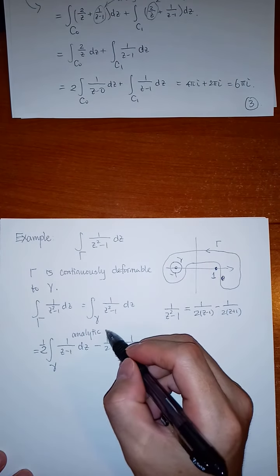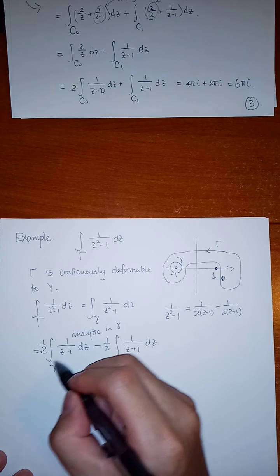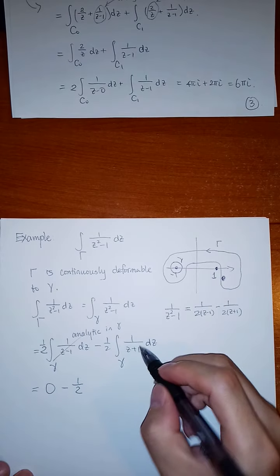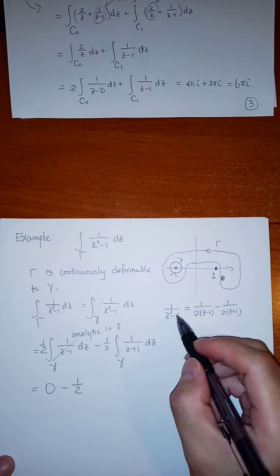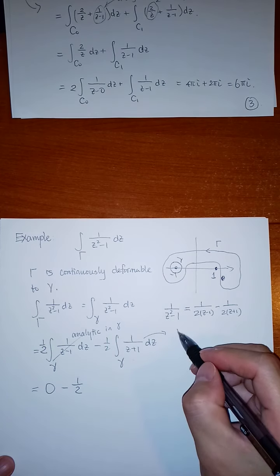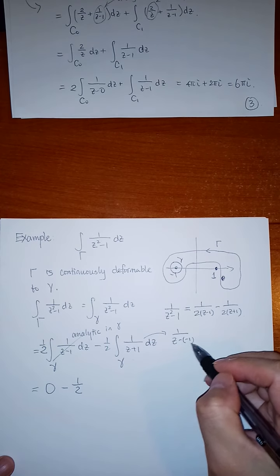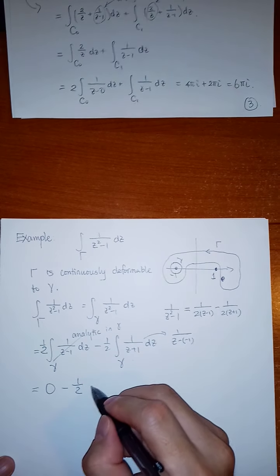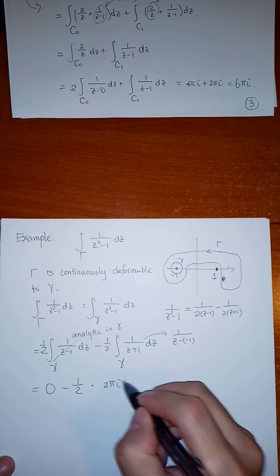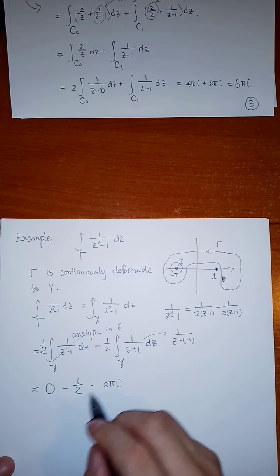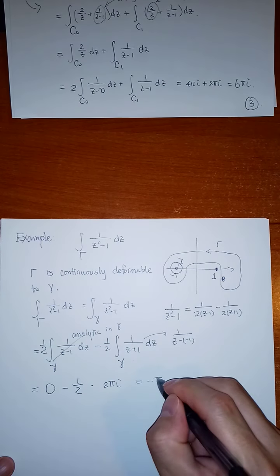So it's analytic inside the gamma, and the integral is 0. Minus, here, it's not analytic. It's 1 over z minus -1. So it's 1 over z minus a, where a is inside the gamma, so it's 2 pi I with the counterclockwise orientation. So -1/2 times 2 pi I is -pi I.